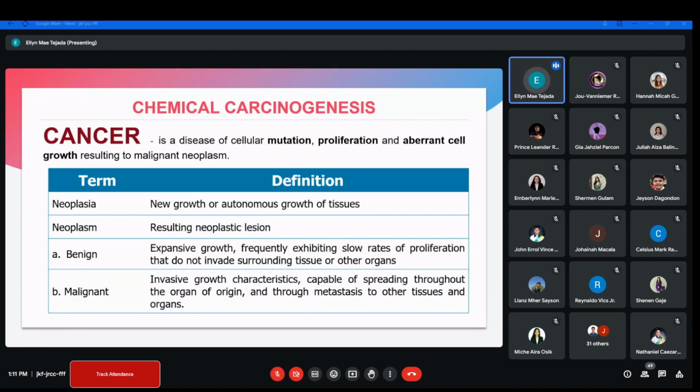The malignant neoplasm demonstrates invasive growth characteristics which are capable of spreading throughout the organ of origin, and through metastasis, it spreads to other tissues and organs.